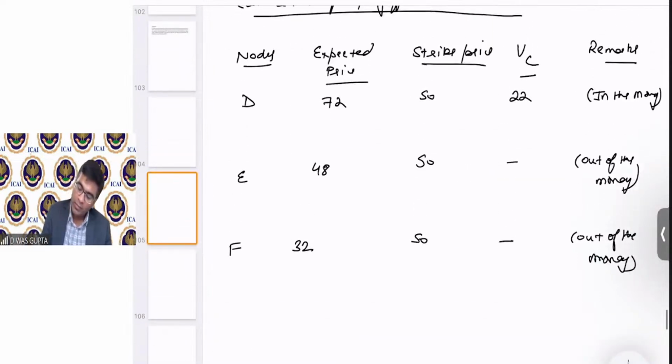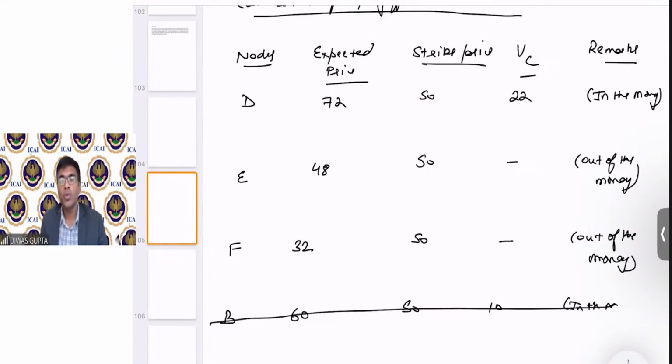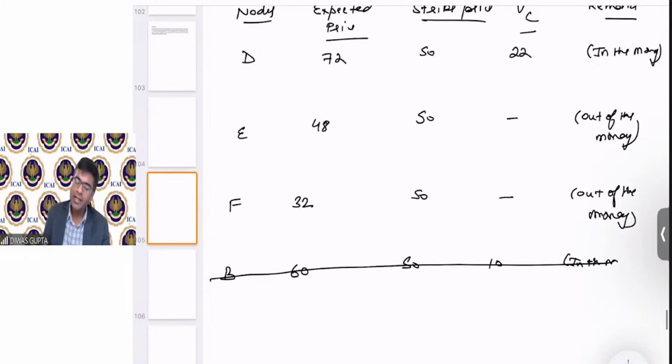I cannot do at B like this: 60, 50, 10 in the money. This is wrong actually. This I cannot do. Reason being, B is again dependent on D and E for its values, right? So we have to accordingly arrive at its values.